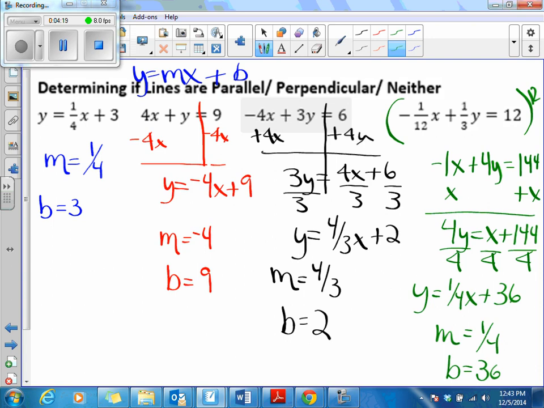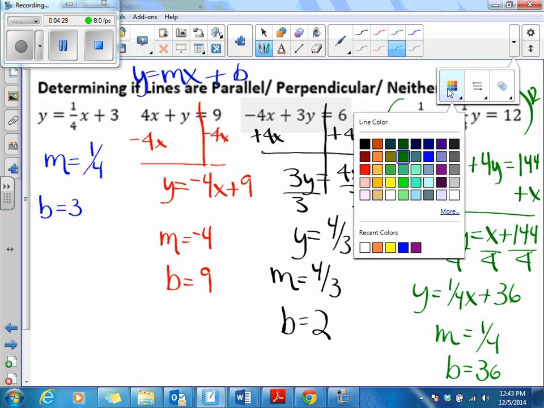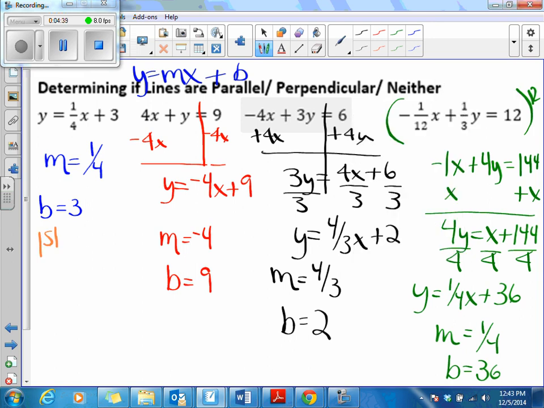Now the question is to determine what lines are parallel, perpendicular, or neither. So I need to look at their slopes and their intercepts. Let's identify some parallel lines. I know that parallel lines have the same slope. So lines 1 and 4 have the same slope and different y-intercepts. So the first line is parallel to the fourth line.